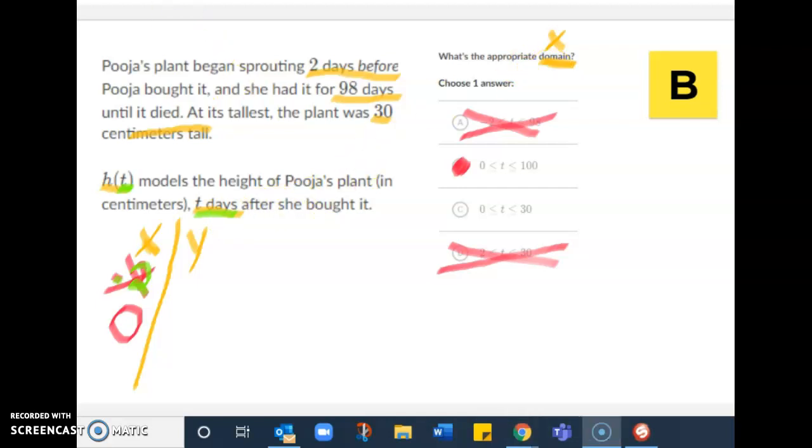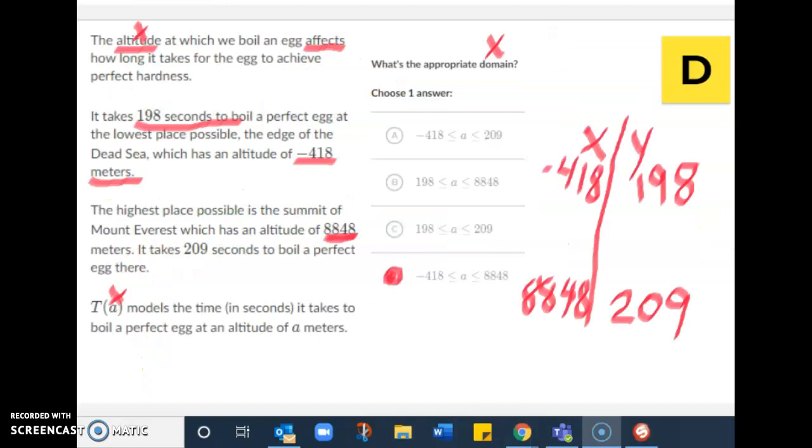Okay, on slide number 2, the important words that I read were altitude effects. So I automatically thought that altitude was my X column or my X side, right? Then I read further and it said 198 seconds to boil at the altitude of negative 418 meters.